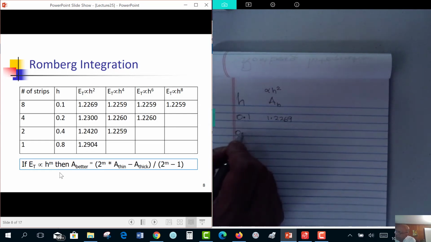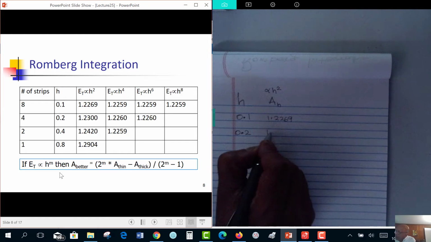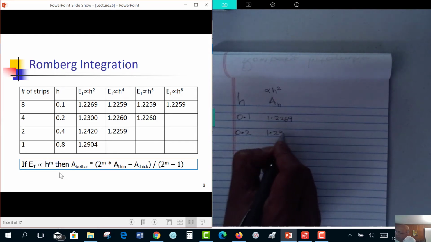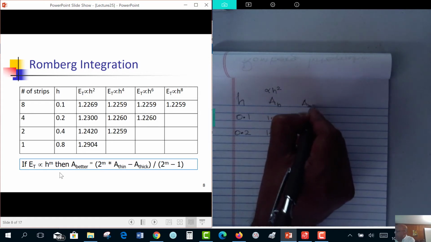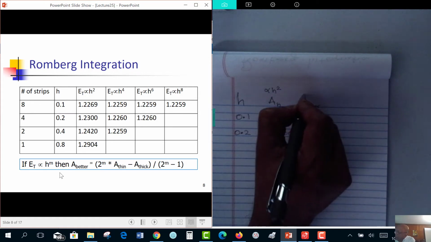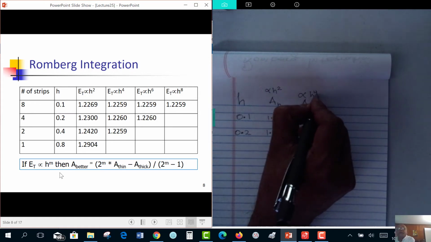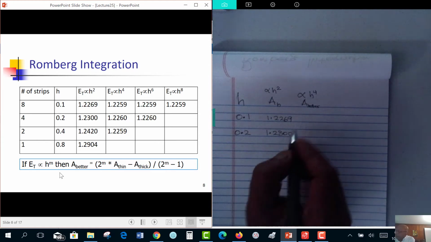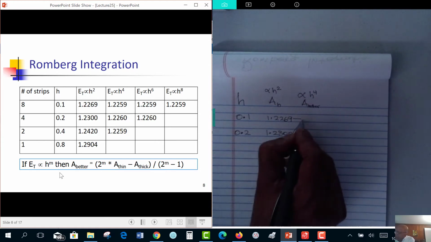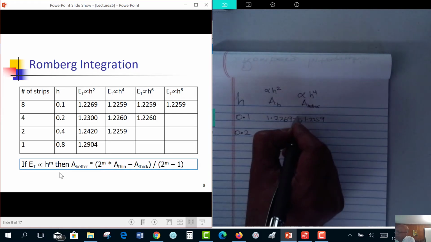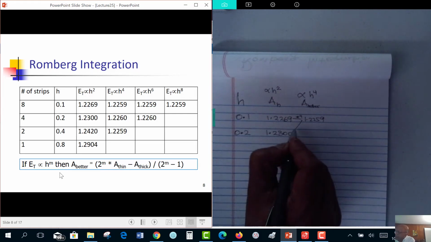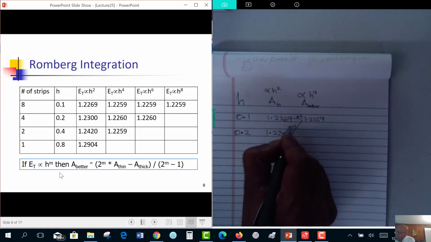Then we just did 0.2, we got 1.2300. So we got a better value, proportional to h to the power 4. And we got a value using these two, 1.2259. Remember, we gave 4 units of weight here, negative 1 unit of weight here.